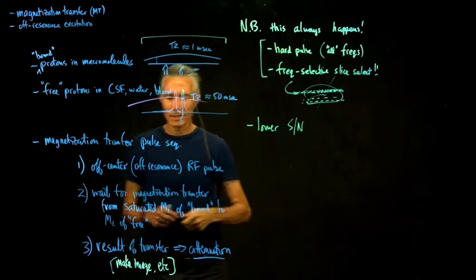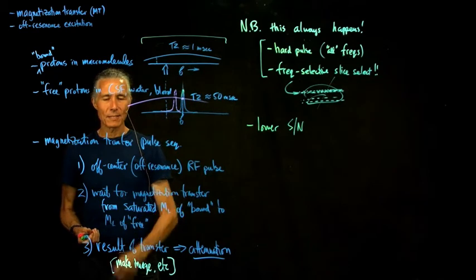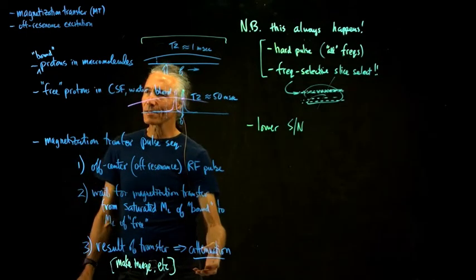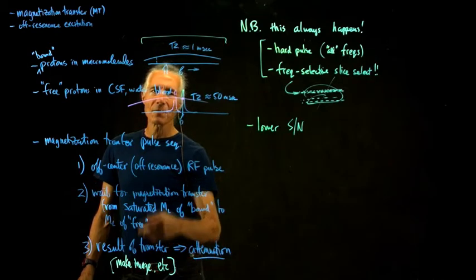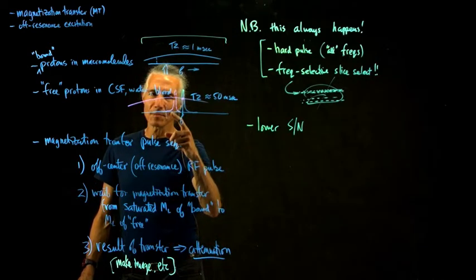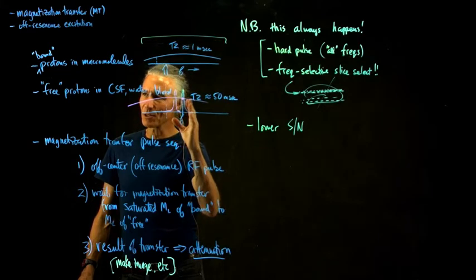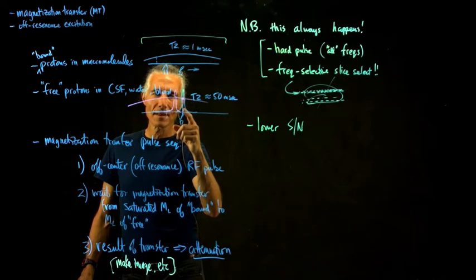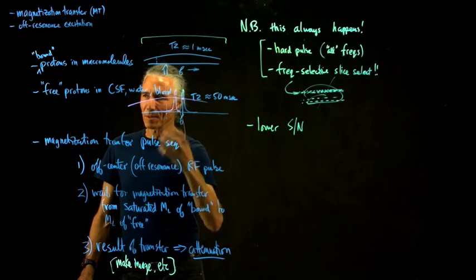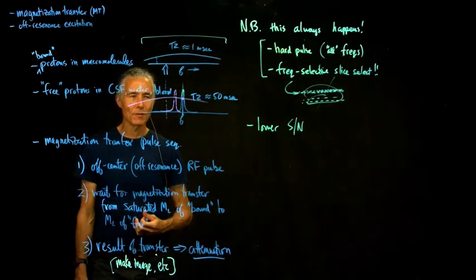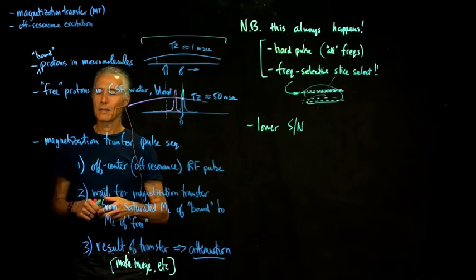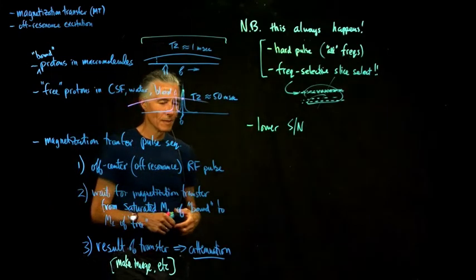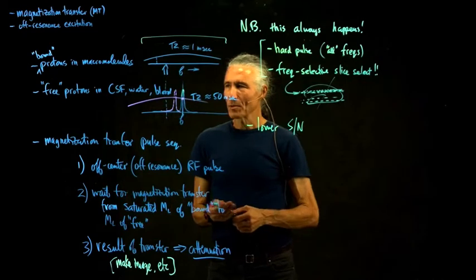The reason is because you're kind of attenuating the signal, if you're essentially trying to get rid of the signal from the on-resonance pulse by not even doing the on-resonance pulse, or just doing some small imaging on-resonance pulses, you end up with a noisier image. And so the magnetization transfer weighted image can be a little bit noisier. And so that's one reason why people don't use it as much.